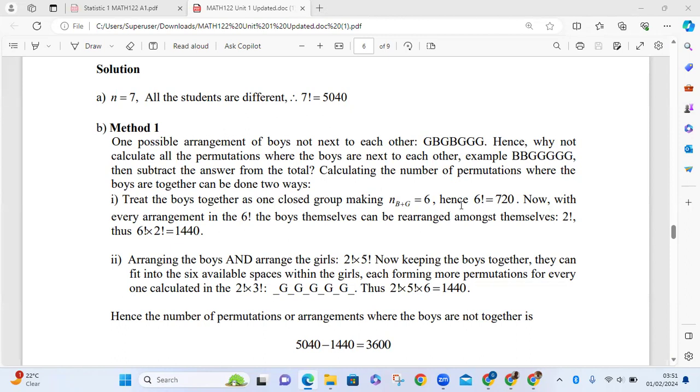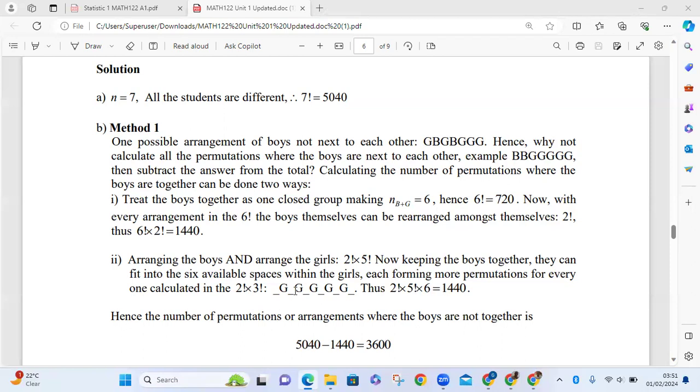First, treat the two boys as one and permute them with the girls, making it like 6 factorial, and at the same time permuting them. So that's 6 factorial times 2 factorial. Or permute the boys in that position here whilst permuting the girls.